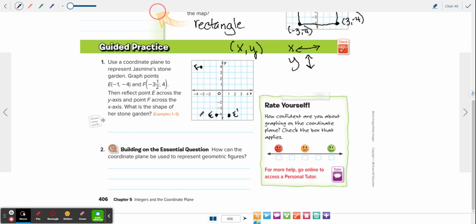But it's got to stay right the half. And that's F1. What is the shape of her stone garden? Okay, I know it looks odd if you look at it that way, but connect those dots and it's a triangle.